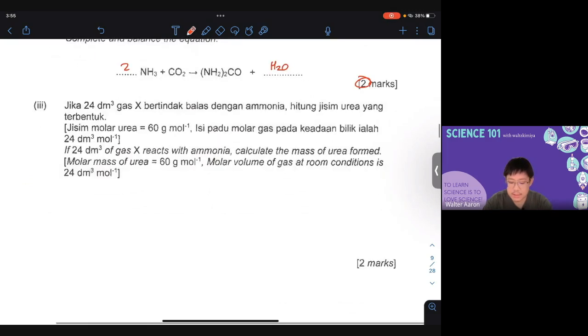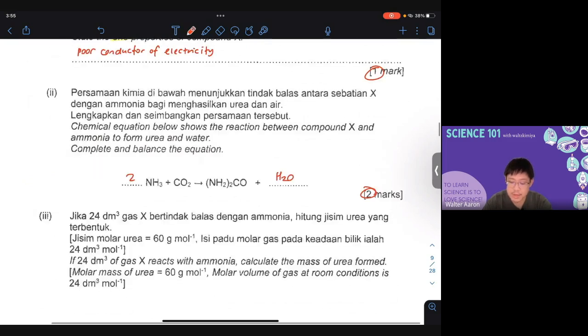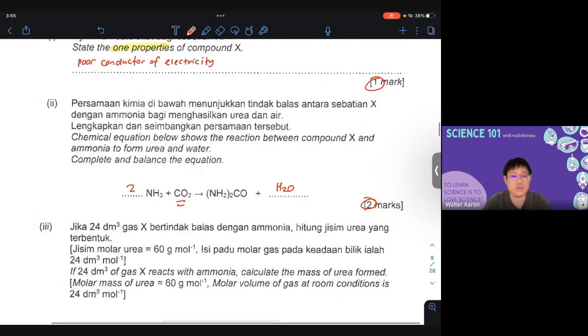All right, next, if 24 dm cube of gas X reacts with ammonia, calculate the mass of urea formed. Okay, so gas X is supposed to be carbon dioxide lah, I assume, right? It's supposed to be that.